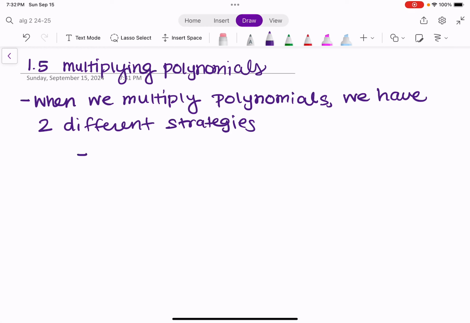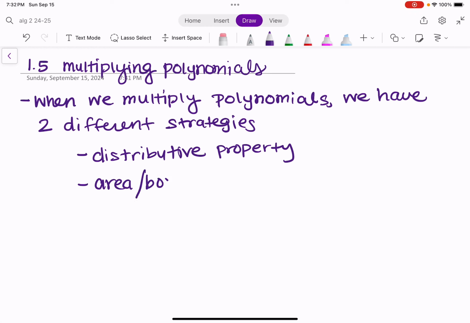The first strategy is we can just use distributive property, right? Most of you are pretty familiar with this. The second way is we can use what we call area, or some people call it box method. If you're a more visual person and want to keep things organized, you're probably going to like the second strategy better. Either method works, okay?